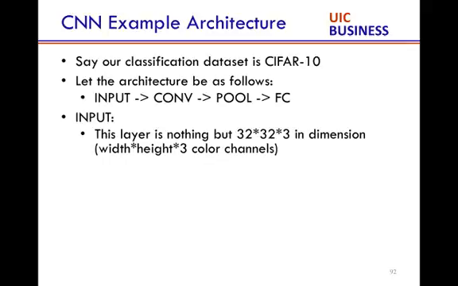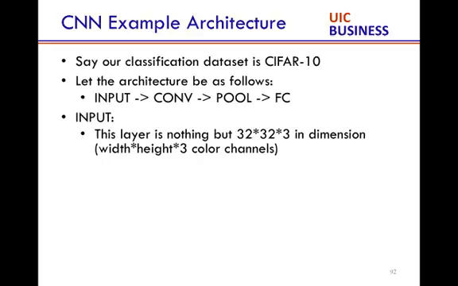Let's say our classification data set is the CIFAR 10 data set. So we know we have 10 classes and we know the input dimension. Let the architecture be as follows. I'm just describing the layers. I'll have an input layer which is 32 cross 32 cross 3. I'm going to use a convolution layer, which we'll get into. Then I'm going to use a pooling layer, which we will again describe later.